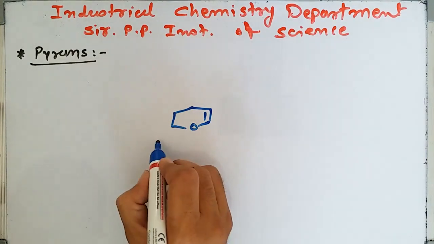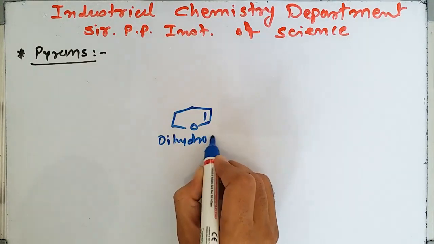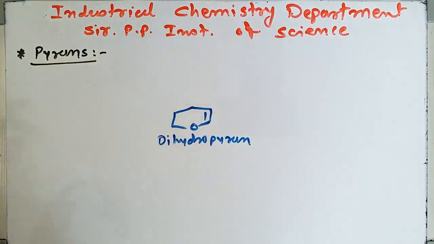This is dihydropyran. It is further noted that pyrans have not themselves been prepared, but their simple derivatives have been synthesized. So we convert pyran to dihydropyran.